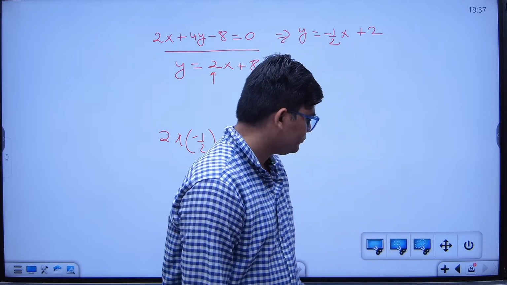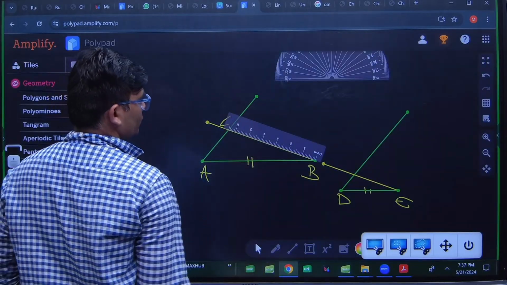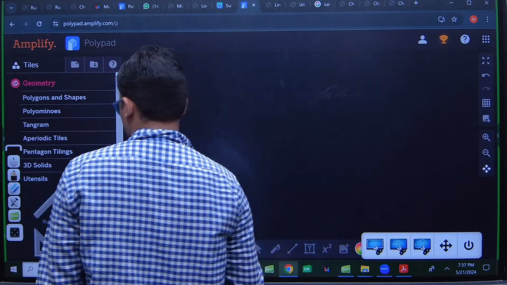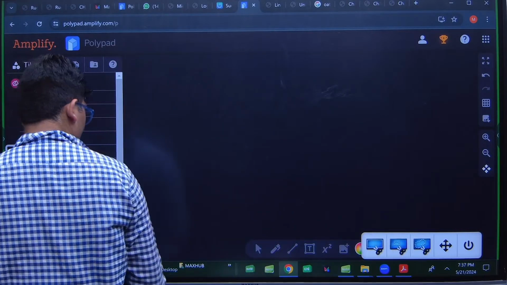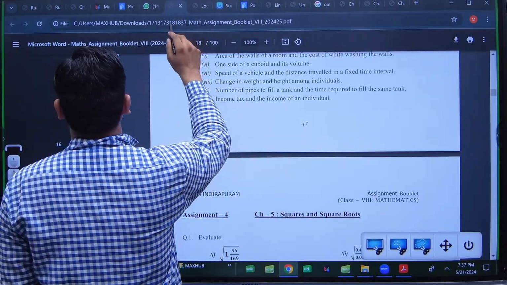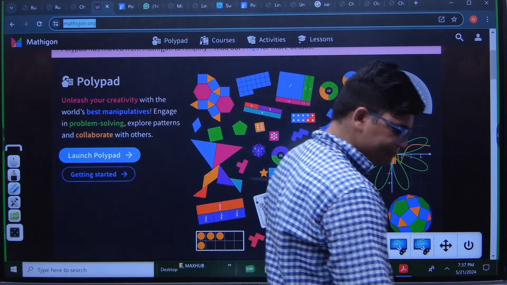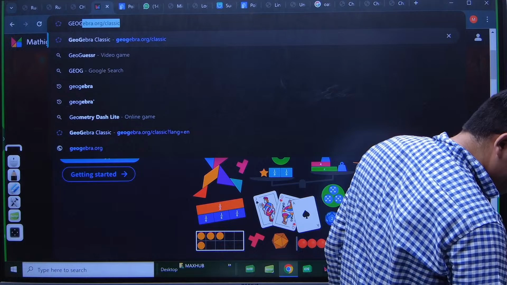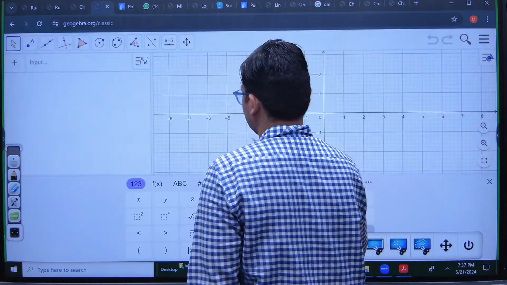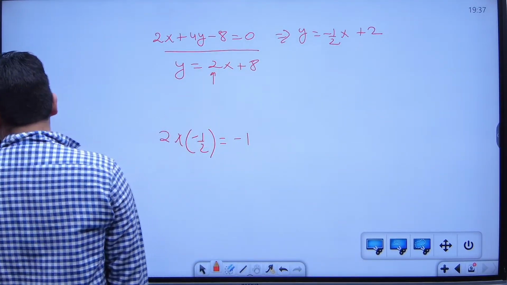All right. So let me show you as well. What were the two straight lines? y is equal to minus half x plus 2.